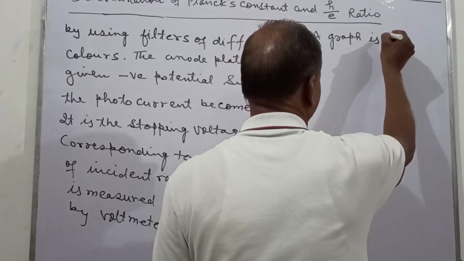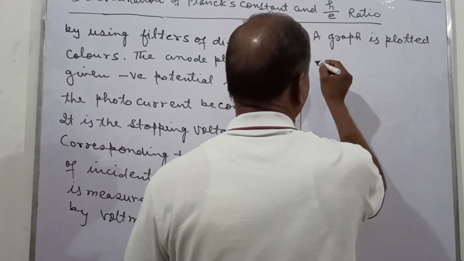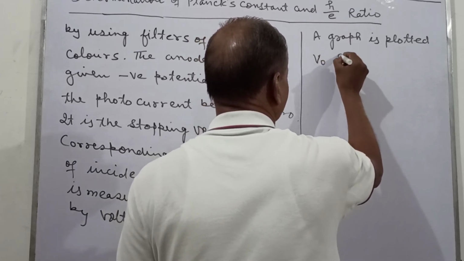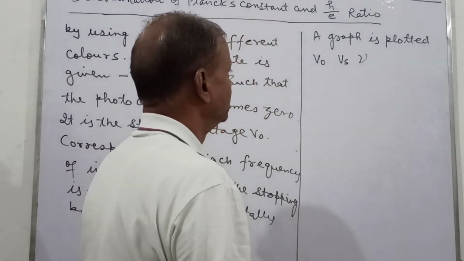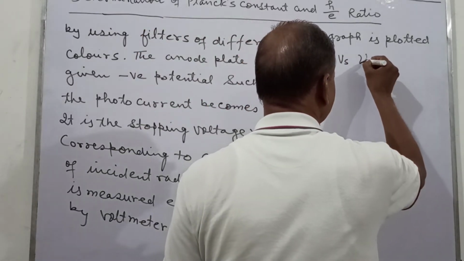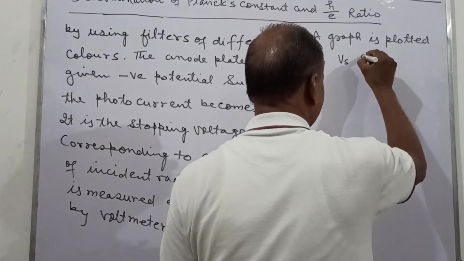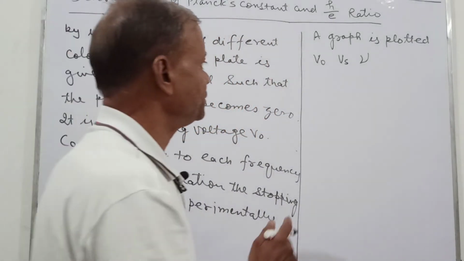The graph is plotted, V0 versus nu, the incident frequency, which is a straight line.